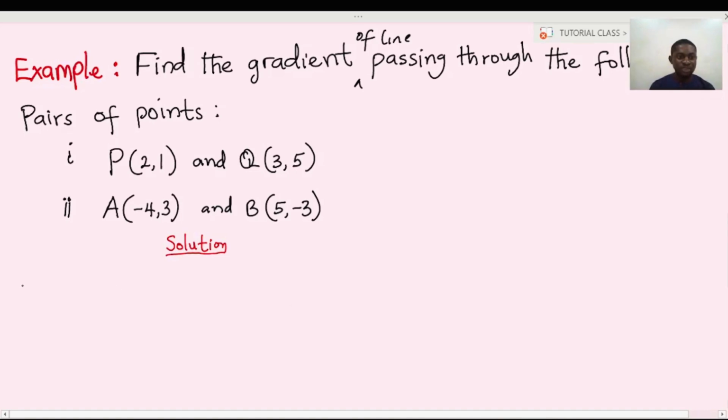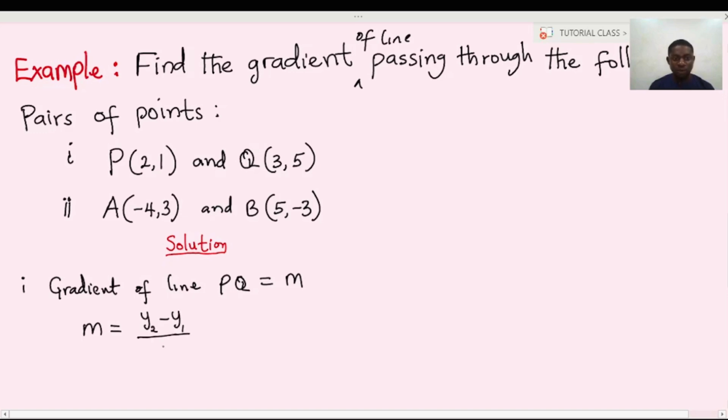So for the first one, where we have the gradient of line PQ is equals to M, we denote it by M. So from here, recall that we say M is equals to y2 minus y1 over x2 minus x1.